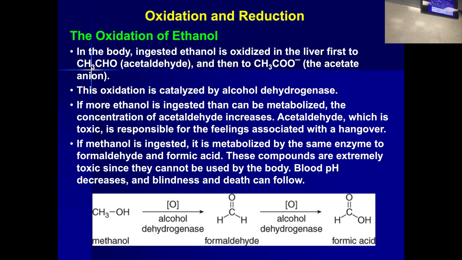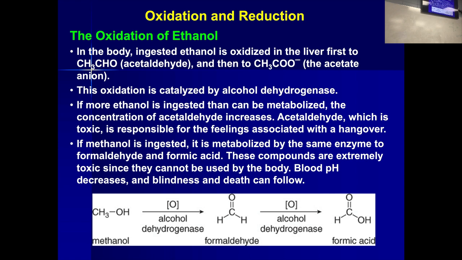Okay? So, I'm at the bar, I take a drink. What's happening is, as it gets through the body, it goes into the liver. The alcohol first gets converted to what's called acetaldehyde. It gets converted to the aldehyde by the enzyme. And then over time, it gets converted into the carboxylic acid, okay?